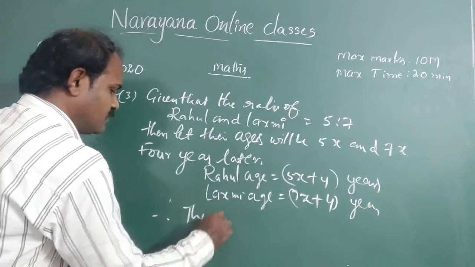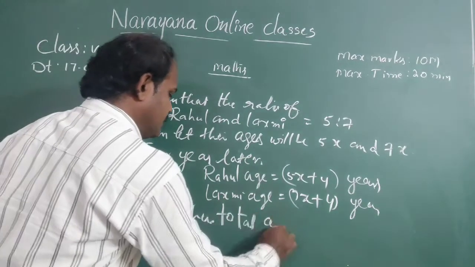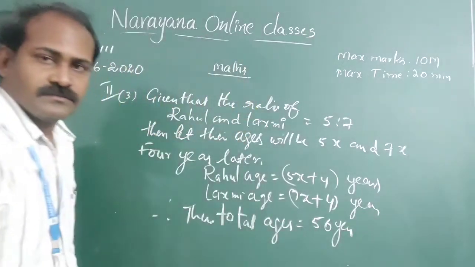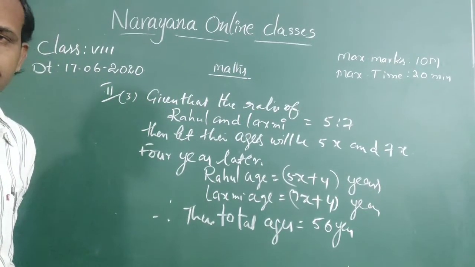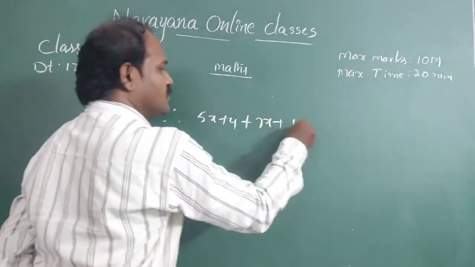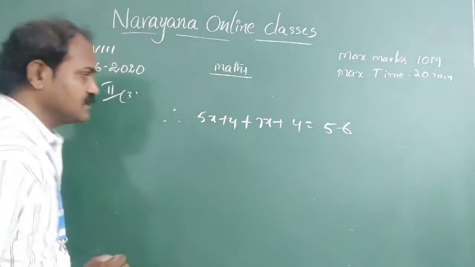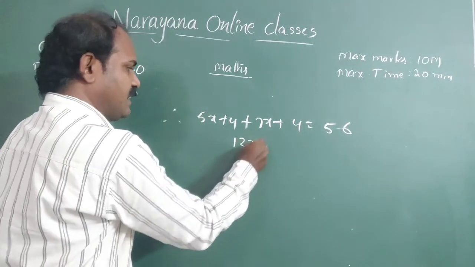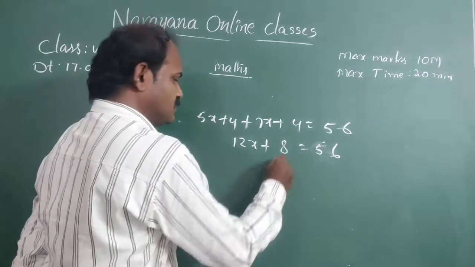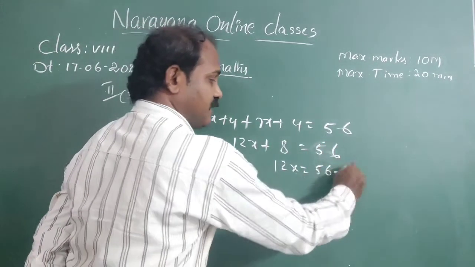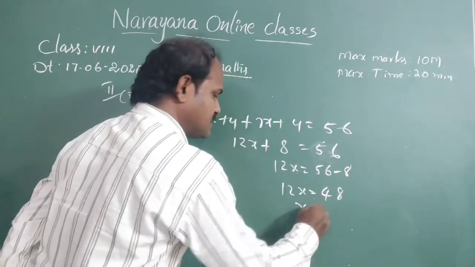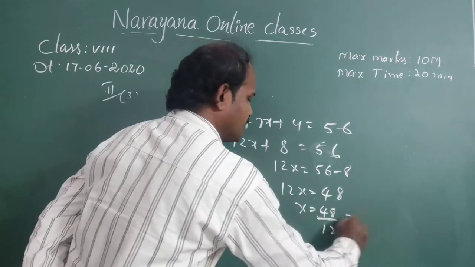Therefore, their total ages is equal to 56 years. Therefore, 5x plus 4 plus 7x plus 4 is equal to 56. 5x plus 7x is 12x, plus 4 plus 4 is 8, is equal to 56. So 12x is equal to 56 minus 8. So 12x is equal to 48. So x is equal to 48 by 12, that is equal to 4 years.